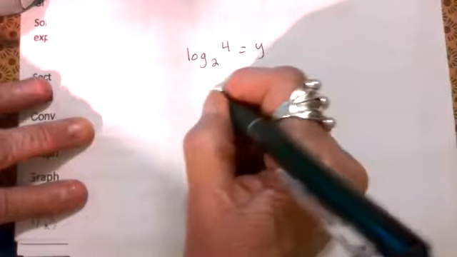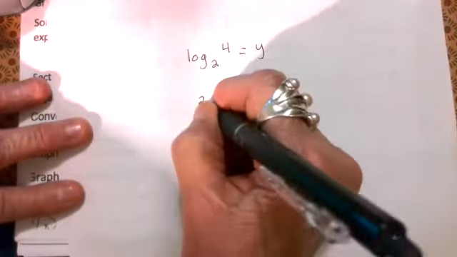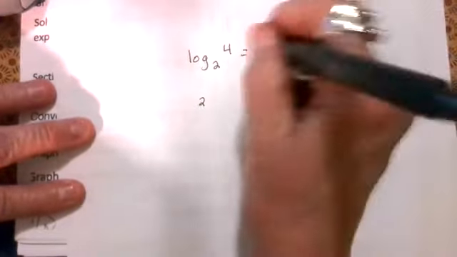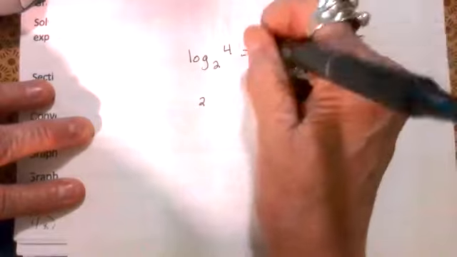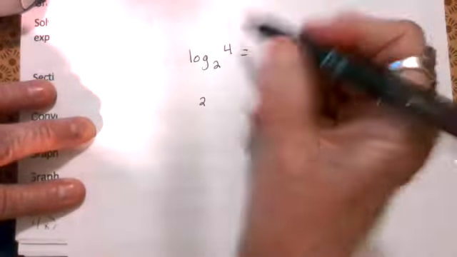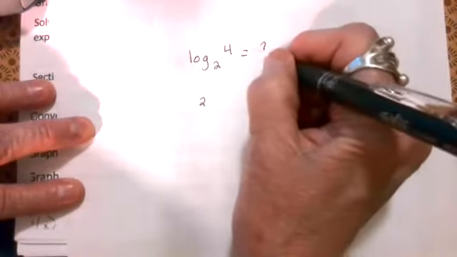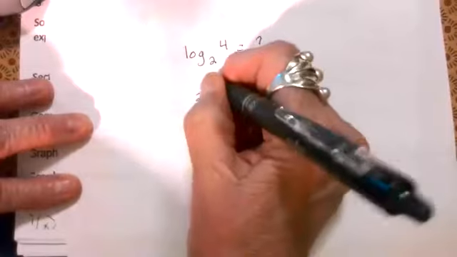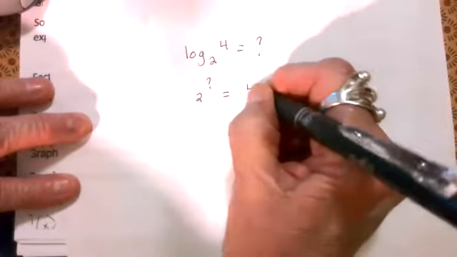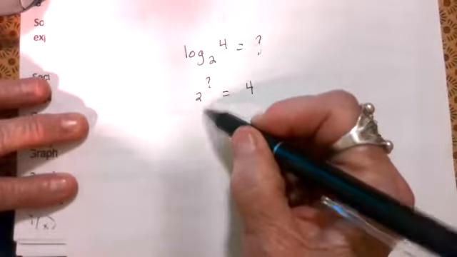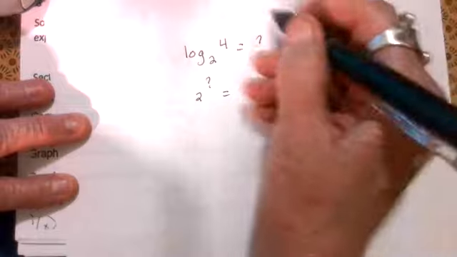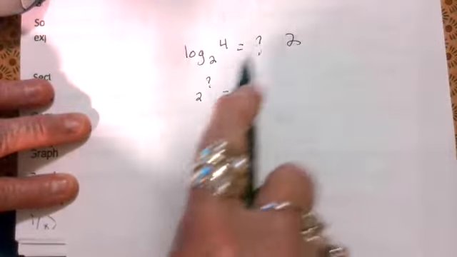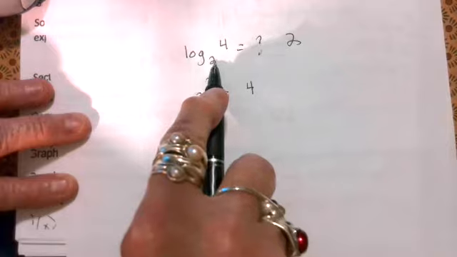Well, we're trying to figure out 2 to what power gives me 4. And so what 2 to what power gives me 4? Well, it's 2, isn't it? 2 to the second power gives me 4. So see, when you rewrite it, this number to this power should give me this.